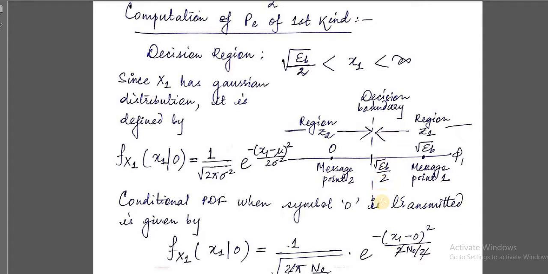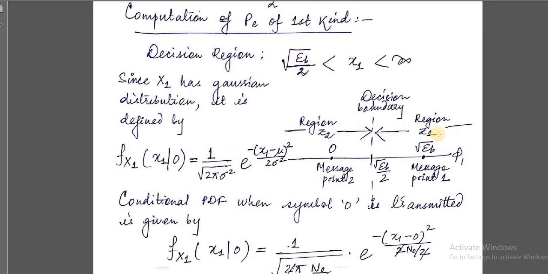Exactly at the midway of the two signal points. So if I draw a boundary exactly at the midway, the value of the boundary is root over of Eb divided by 2. The region to the left of the boundary I am calling region Z2, and the region to the right of the boundary I am calling region Z1. Now we have assumed that binary 0 was transmitted.